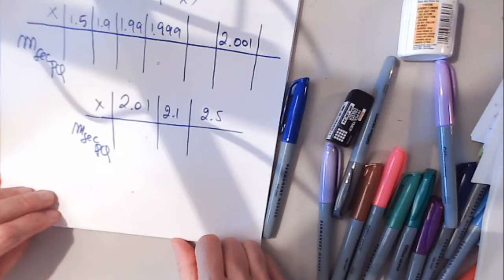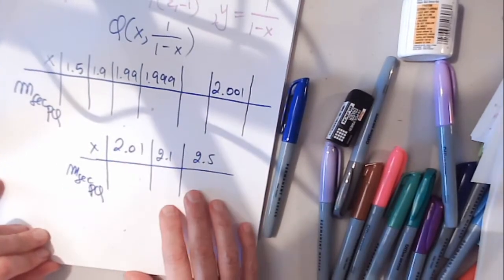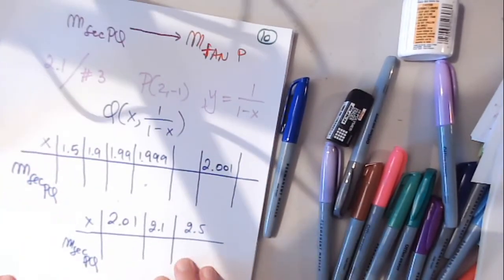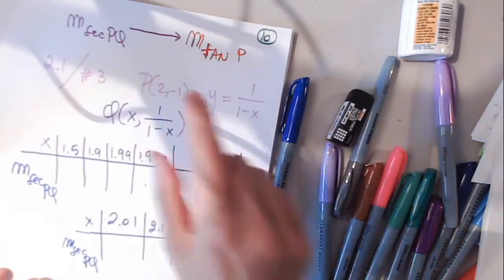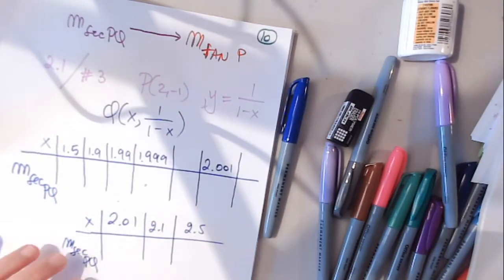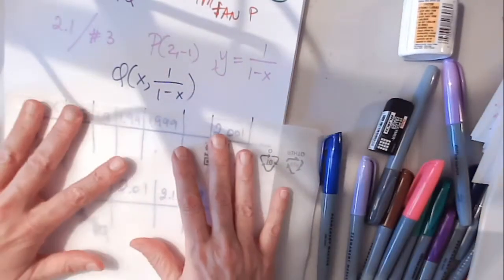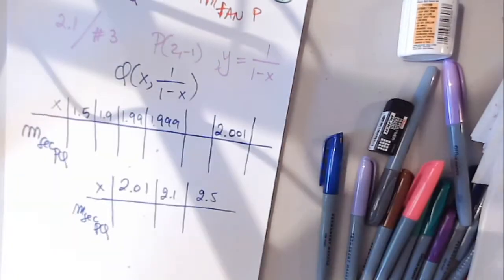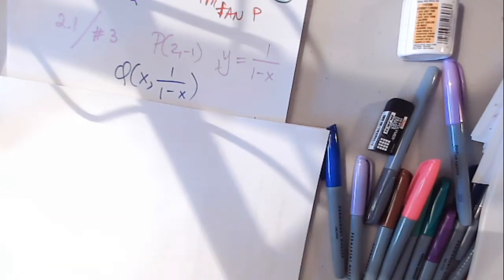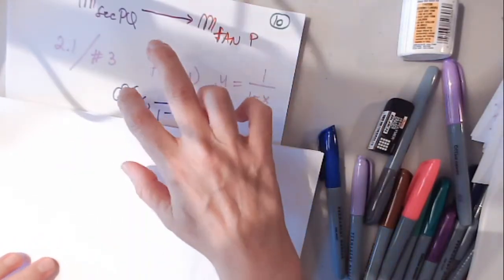I don't want to repeat this operation 15 million times. I want to create the slope of the secant line. So I don't care for these numbers. I want a formula that gives us the slope of the secant line PQ.